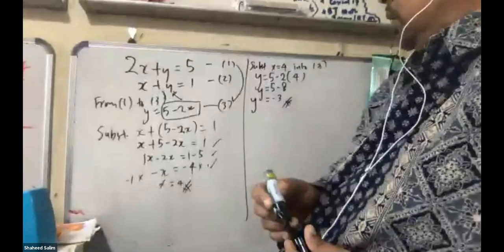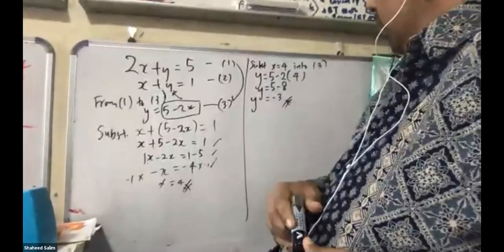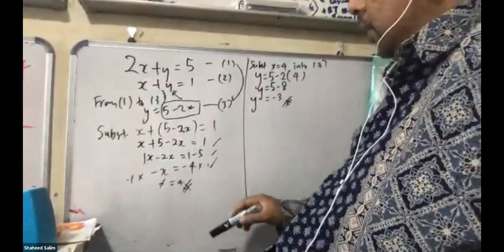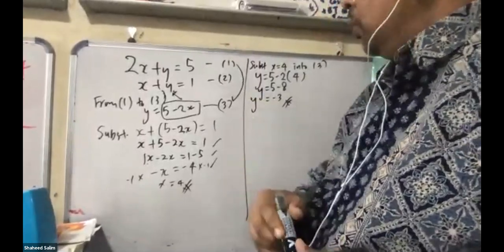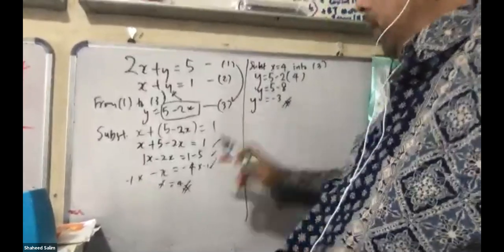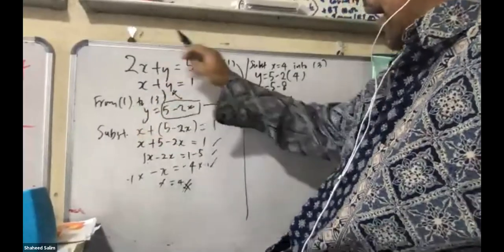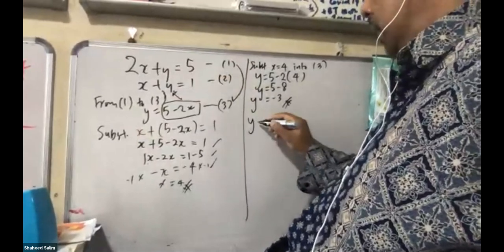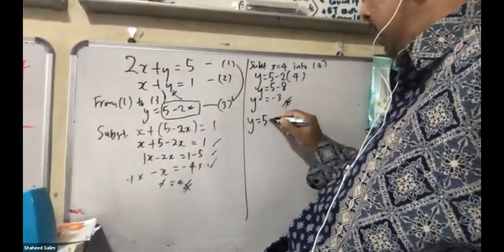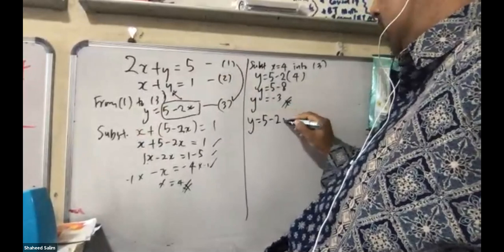Can I explain again? Okay, so now maybe I'll do it visually. This part, you are clear or not? Okay, so now you already know the value of x. I can use any of the equations here. Now we have y equals to 5 minus 2x. Why do I choose this?